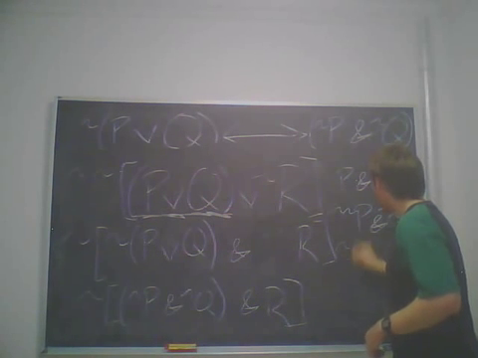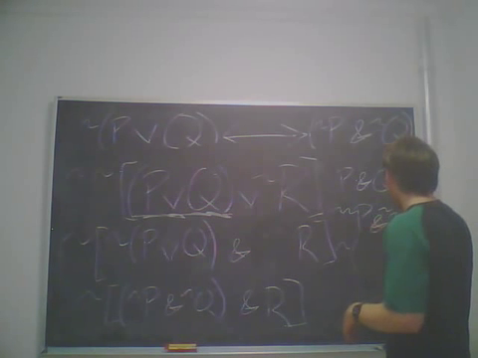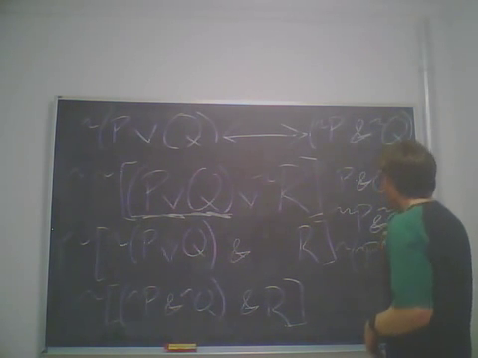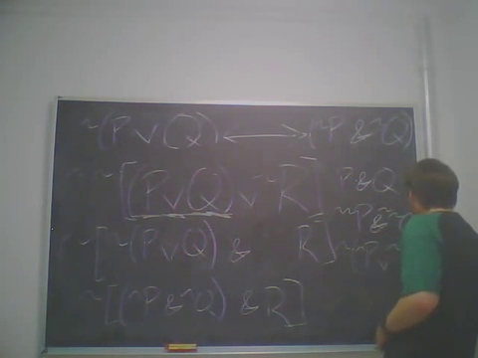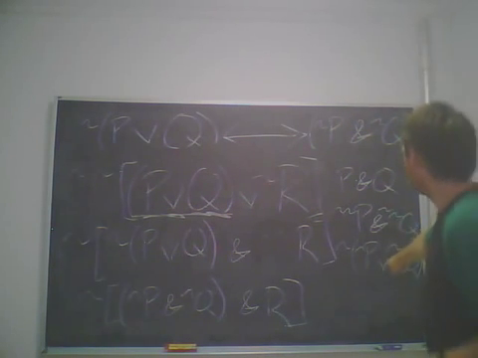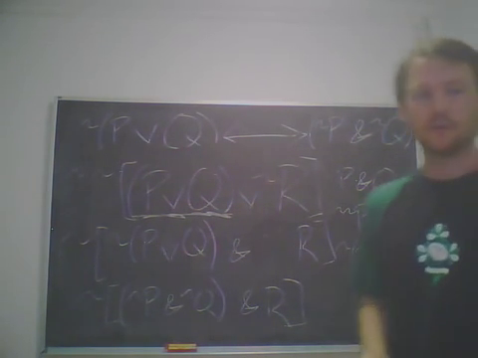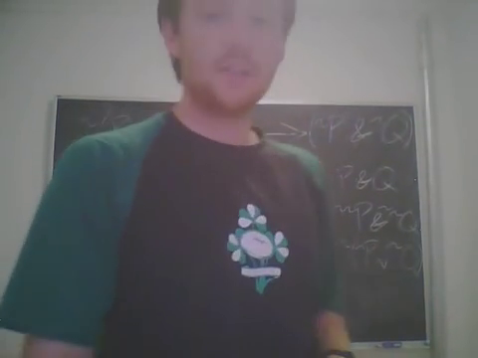So I get not P, change the and to an or, not Q, just one negation, and I have switched from P and Q to a truth value equivalent expression in terms of disjunction.